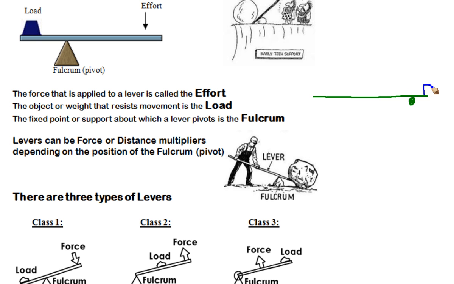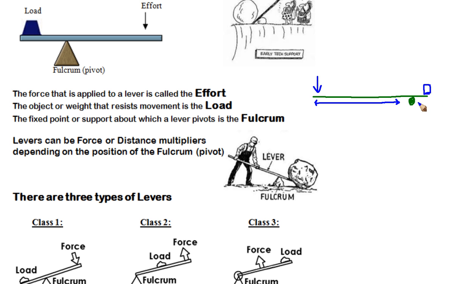We've got some sort of block or object on this end, and I'm going to apply my effort force. I'm going to push on this end. What actually happens in this case is that I'm going to push, and my end of the lever is going to move a whole lot. It's also proportionate to, we can look at the distance across, this distance here.